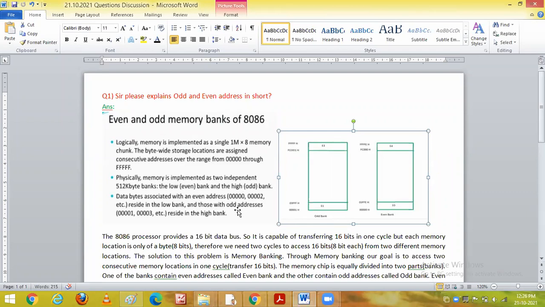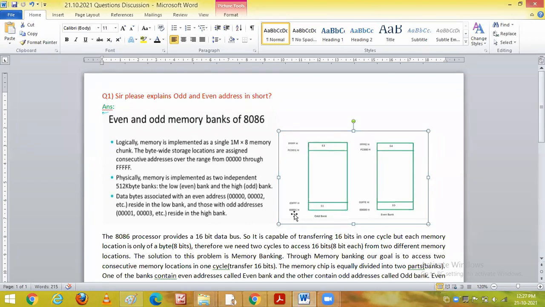The data bytes associated with an even address, meaning all even numbers 0000, 02, like that, up to FFFE, reside in the low bank, and those odd addresses, starting with 001, 03, 05, up to FFFFF, are in the high bank. So these are the odd and these are the even. Even we say is low, and odd we say is high.